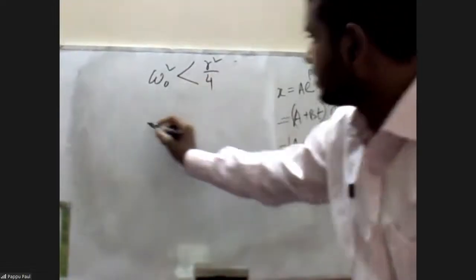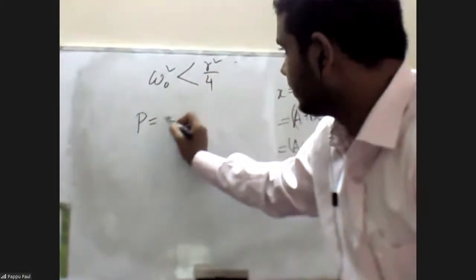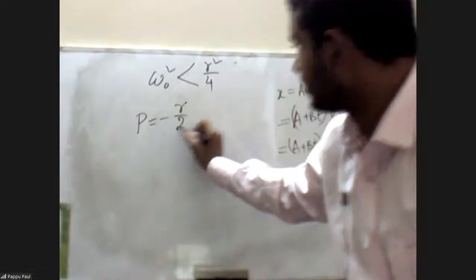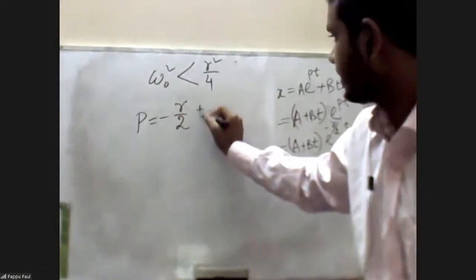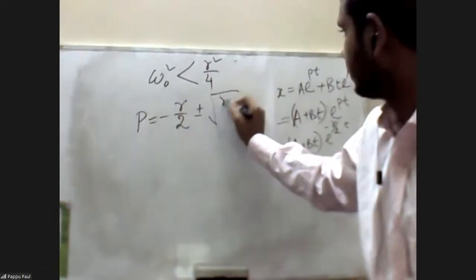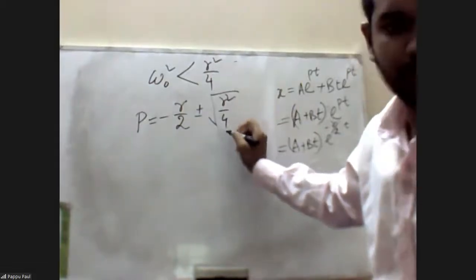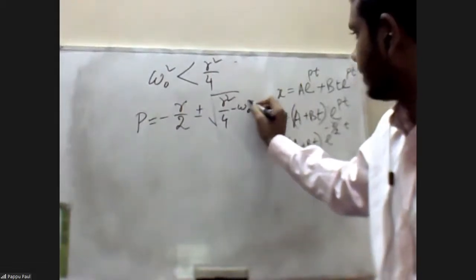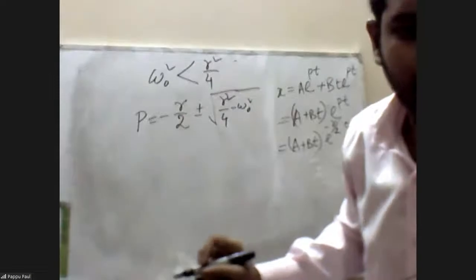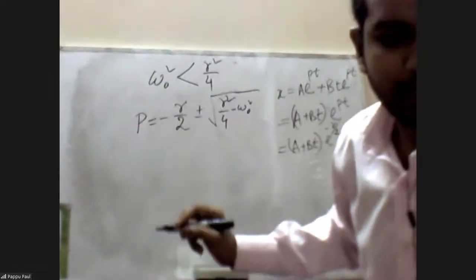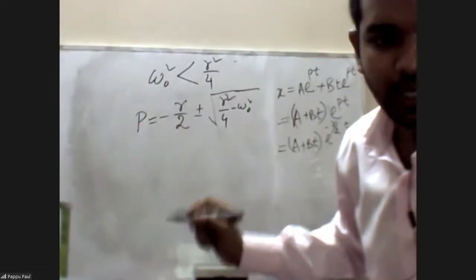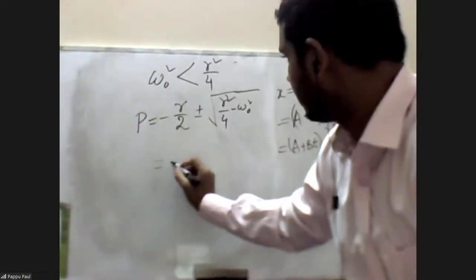So in this scenario, we know that p is equal to minus gamma by 2 plus minus root over gamma squared by 4 minus omega naught squared. Okay, so we can write this equation in this fashion.